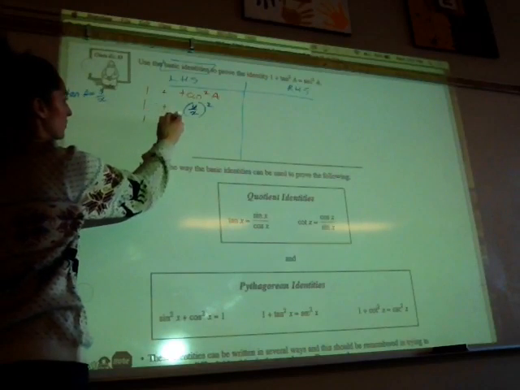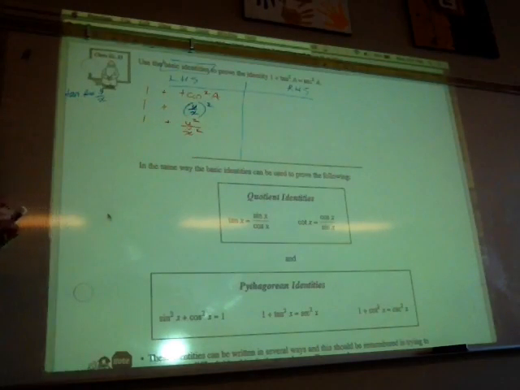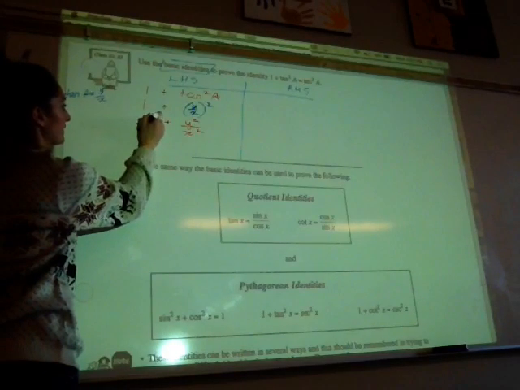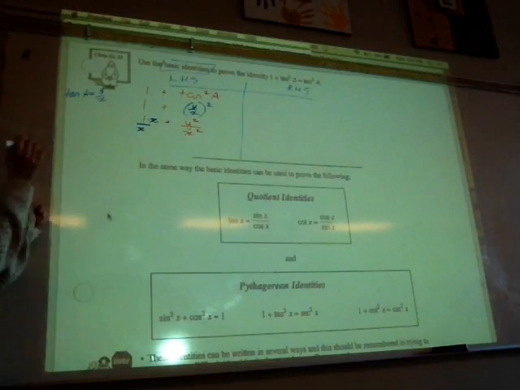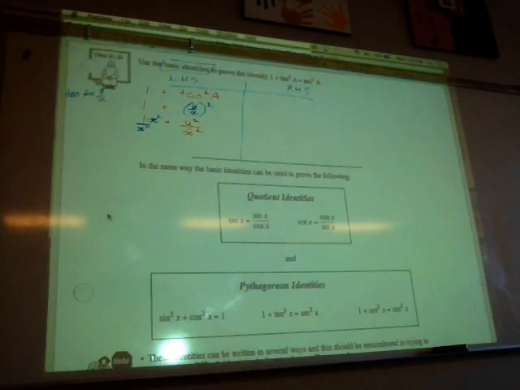And that gives us 1 plus y squared over x squared. Clean things up a little bit, we're going to have to multiply the denominator by x and the numerator by x in the first term to get a common denominator. And when I say x, I mean x squared. Sorry.